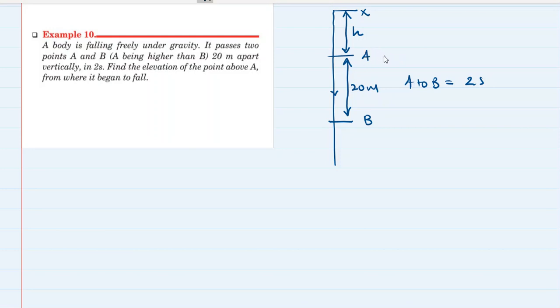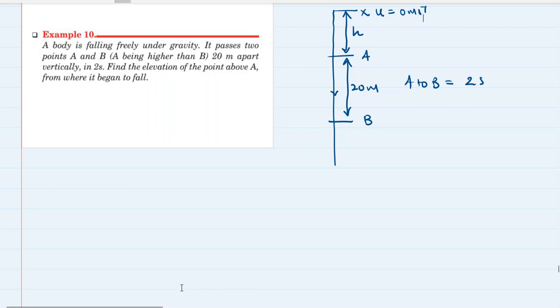Here at point A, it will have some initial velocity. So the initial velocity at point X is 0 meter per second. At point A, it will have some velocity, and then it will cover 20 meter in 2 seconds. We have to find the elevation of the point above A from where it begins to fall.